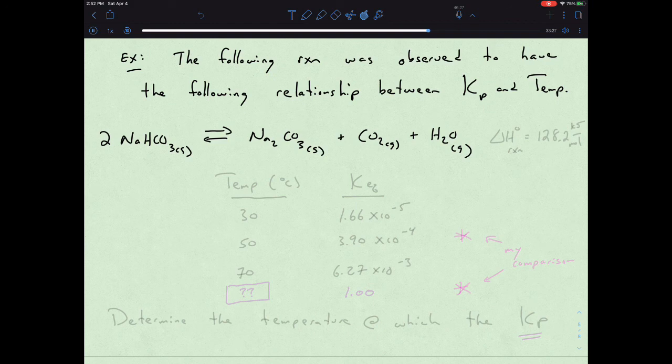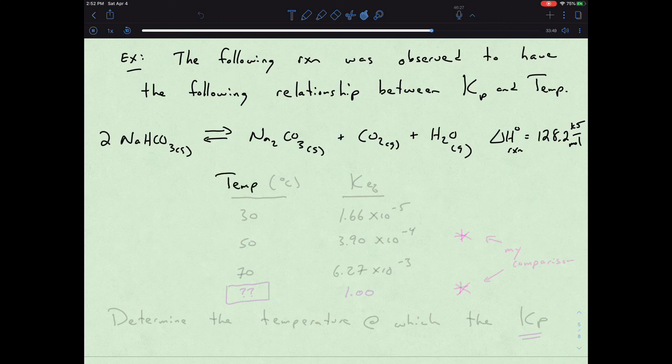The delta H for this reaction is equal to 128.2 kilojoules per mole.